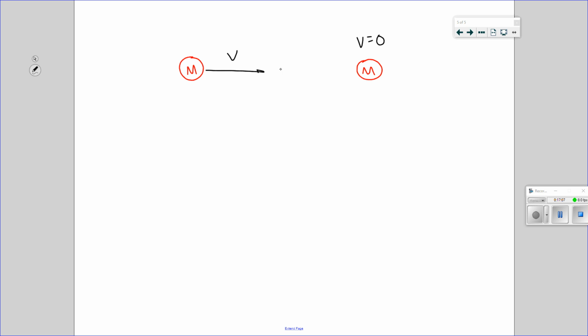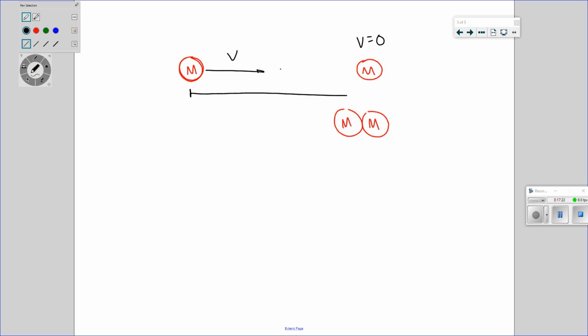Well, by the time this one gets to where this one is, here's now the two masses, right? Well, that object went this far. The center of mass went this far, because the center of mass is now right there.